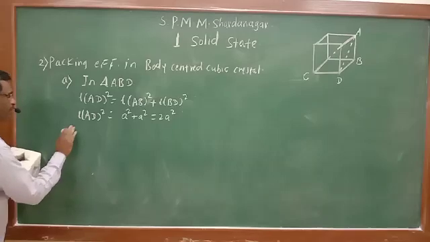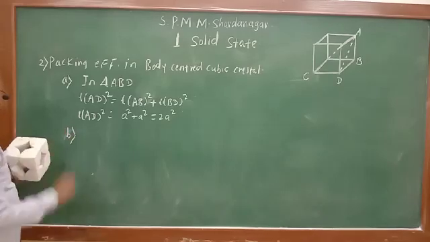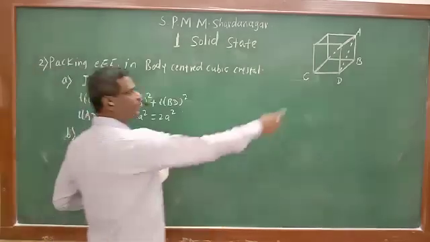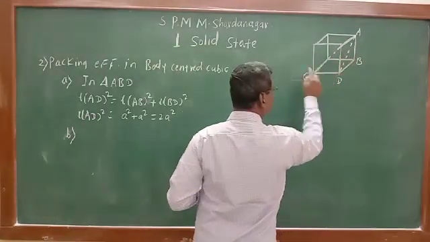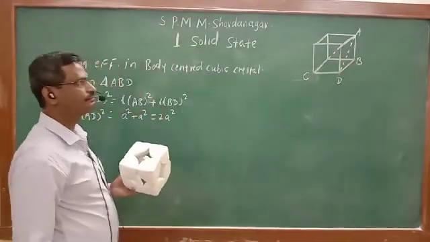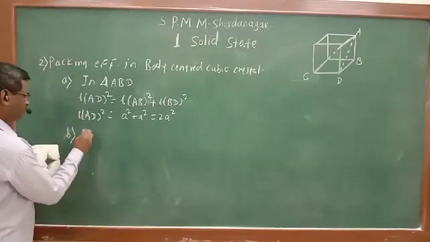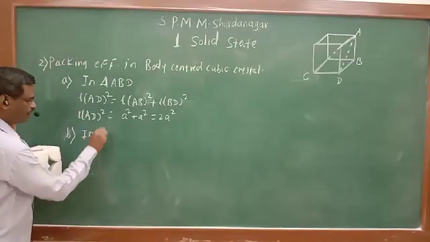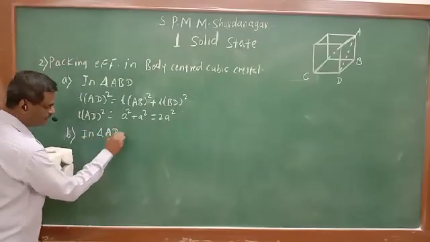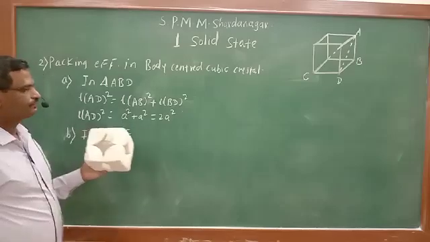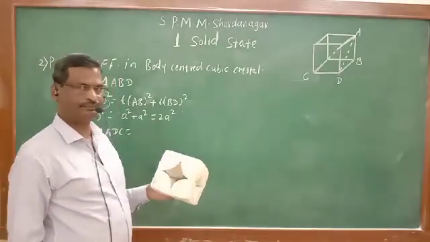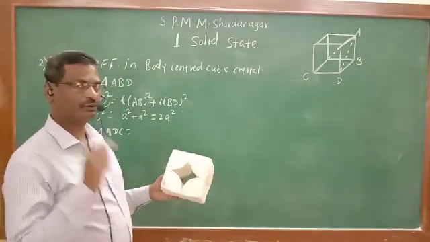Now one more triangle. Second triangle I am considering. Now consider triangle ADC. In triangle ADC, here D is 90 degree. Now consider which one is ADC.